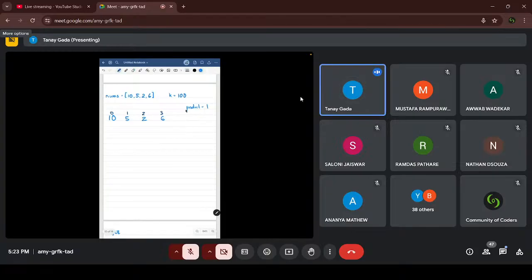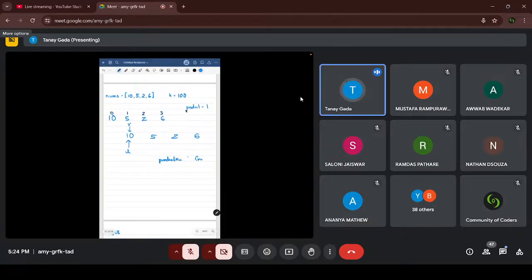On what basis would we be sliding the window? First, we would have 2 pointers which help us maintain the right end and the left end of the window. So this is right, and this is left. We would get the product. Product would be the right element, nums of right.